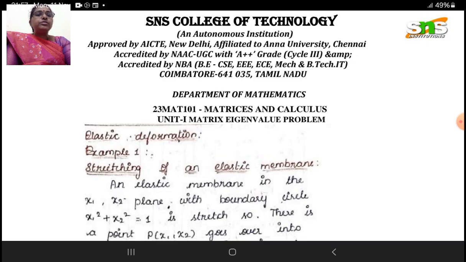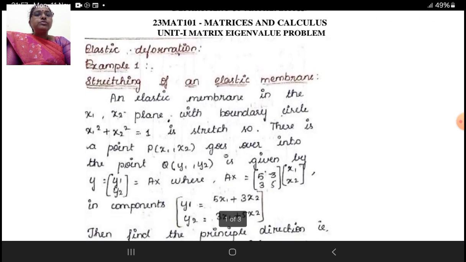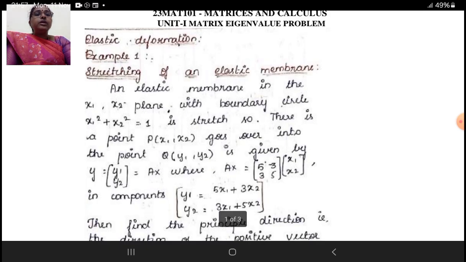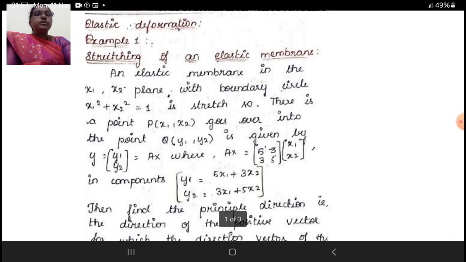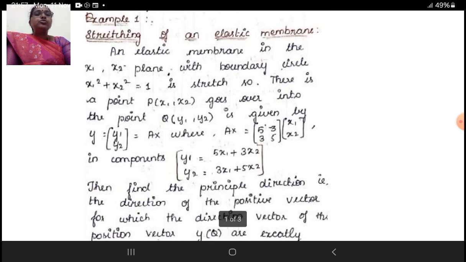Today we are going to discuss the application of mathematics in elastic deformation: stretching of an elastic membrane. An elastic membrane in the x1 x2 plane with boundary circle x1 square plus x2 square equal to 1 is stretched.